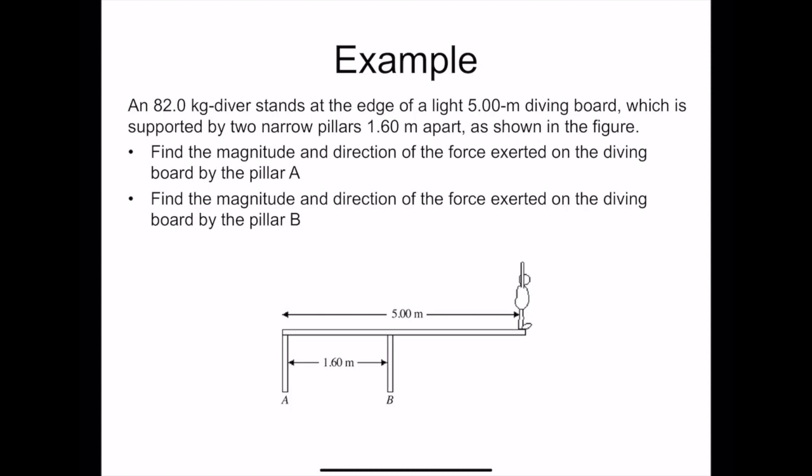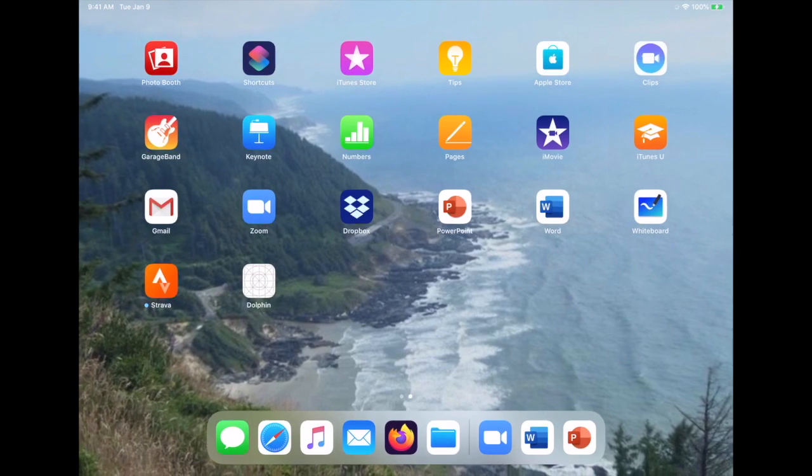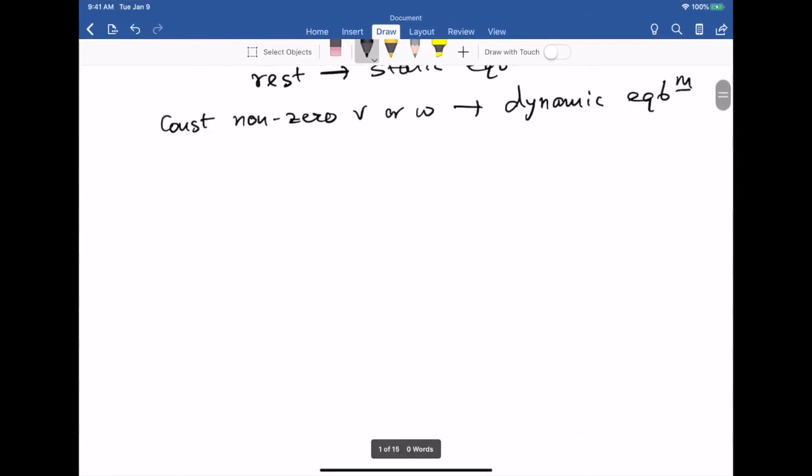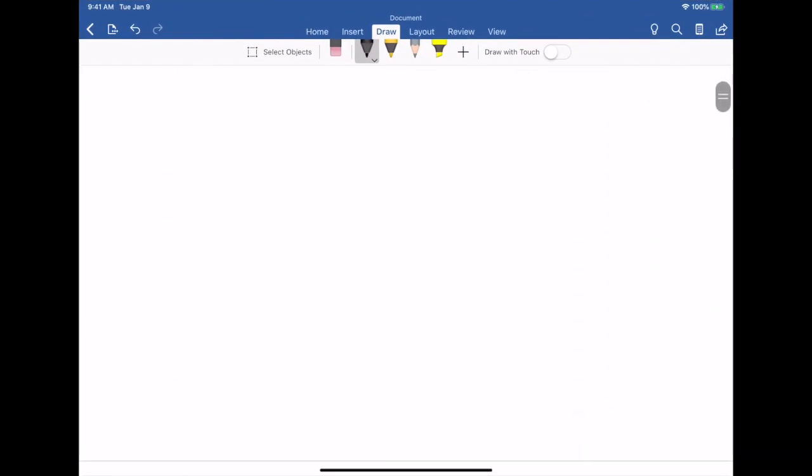And you're given the length of the board, you're given the distance between the two pillars, and you have to find the magnitude and the direction of the force exerted on the diving board by pillar A, and the magnitude and the direction of the force exerted on the diving board by pillar B. Okay, so let's think about this problem. So let's draw the diving board. So these are the two pillars, and here is the diving board.